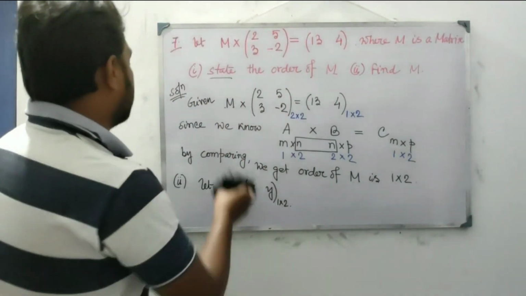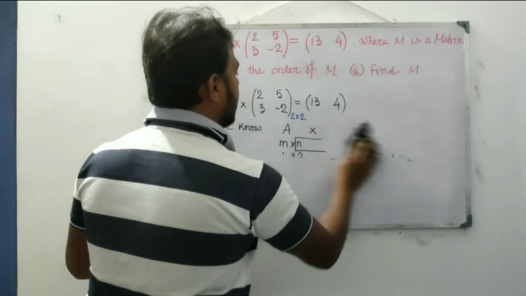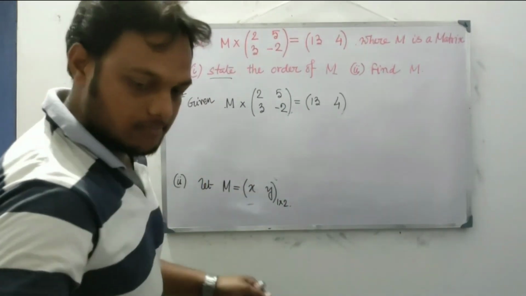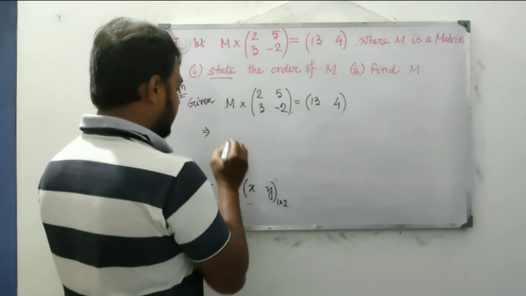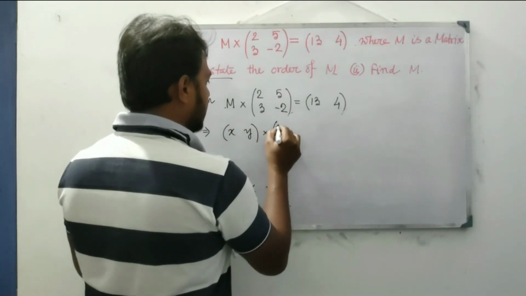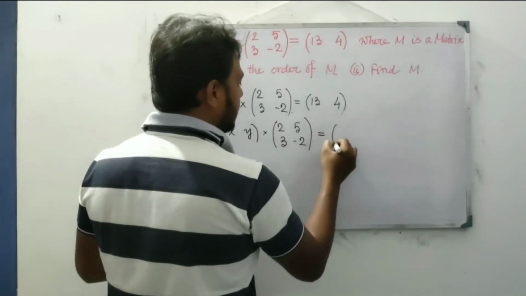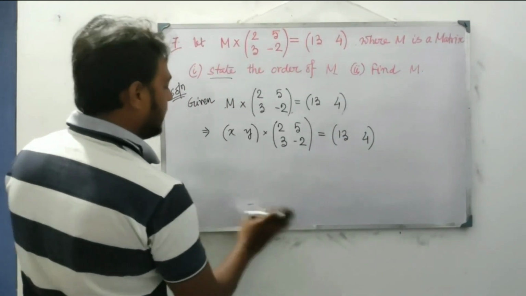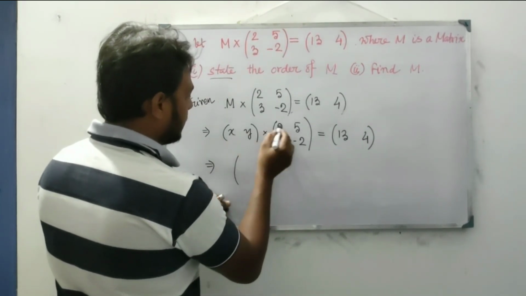This is the second part. If you put it here, then according to this assumption, [x, y] cross [2, 5; 3, -2] equals [13, 4]. Now multiply these two.